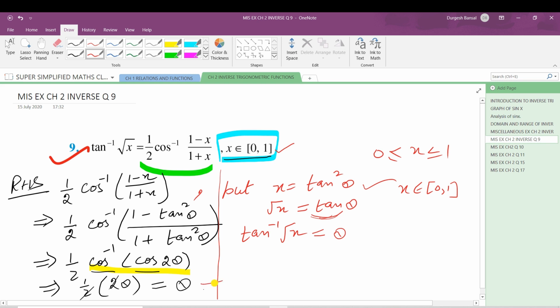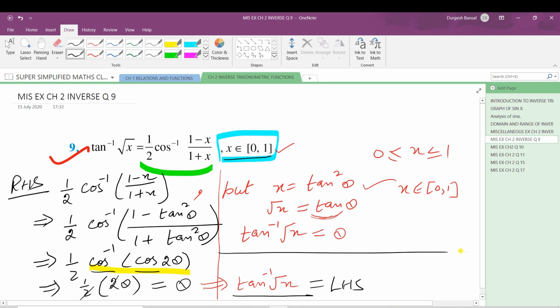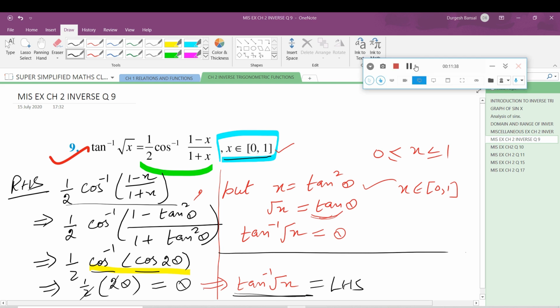That means the value of theta is coming out to be tan inverse root x, which is equal to the left hand side. So now students, you have proved that the right hand side is equal to the left hand side, and hence we have proved.